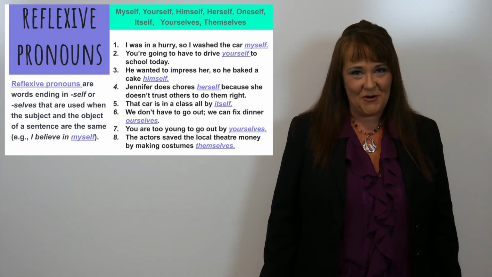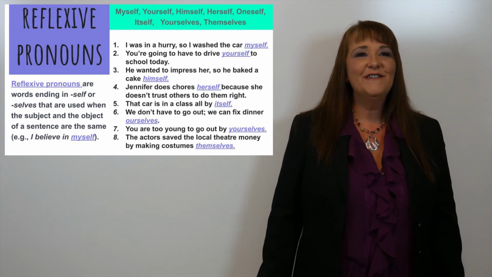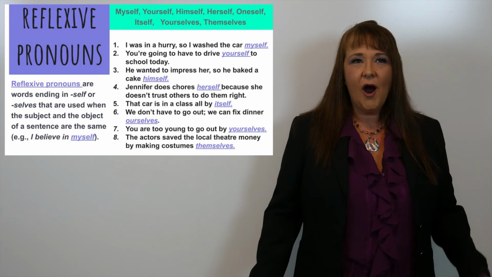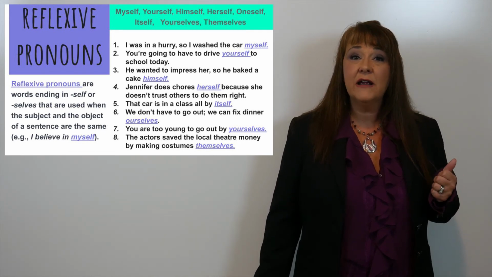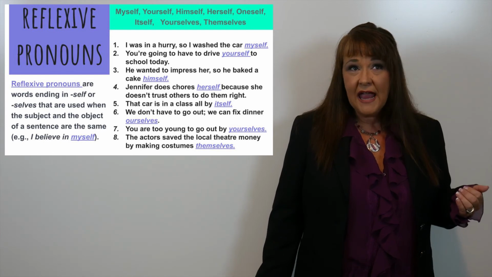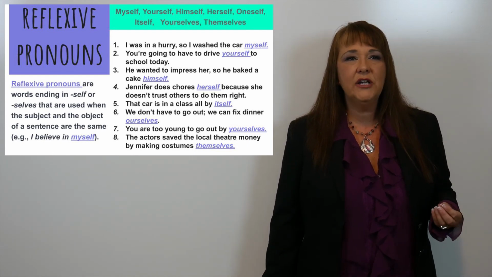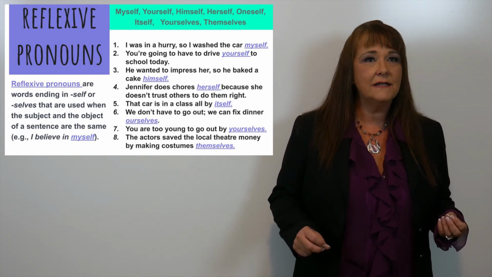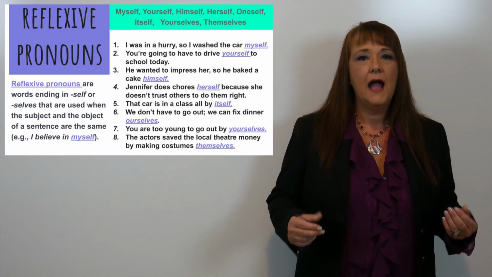The last type of pronouns that we're going to talk about are reflexive pronouns. Reflexive pronouns are words that end either in self or selves, and they're used when the subject and the object of the sentence are the same.